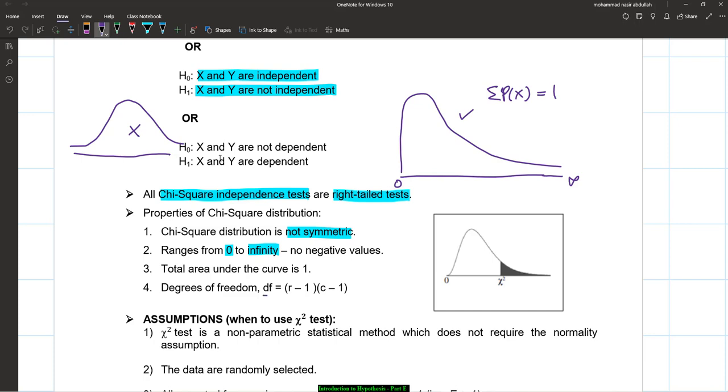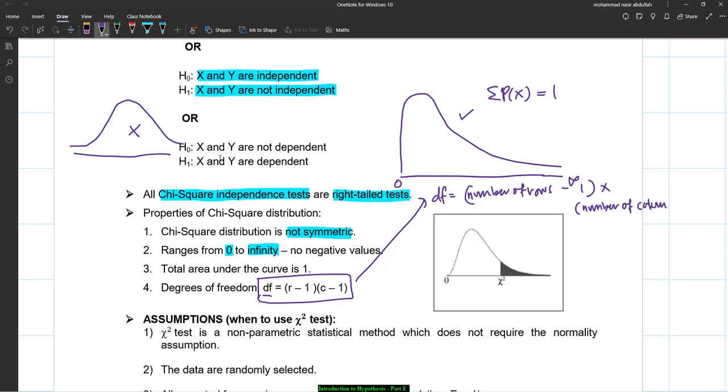The degree of freedom for chi-square analysis is the number of rows minus 1 multiplied by the number of columns minus 1. So this is how we calculate the degrees of freedom for chi-square analysis.